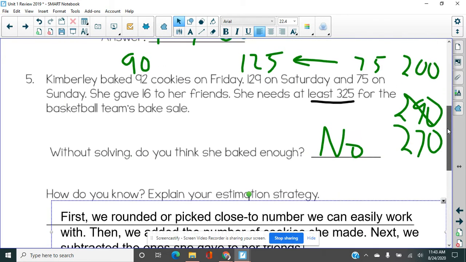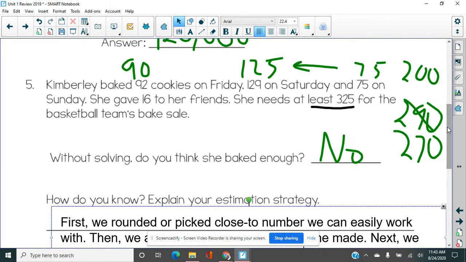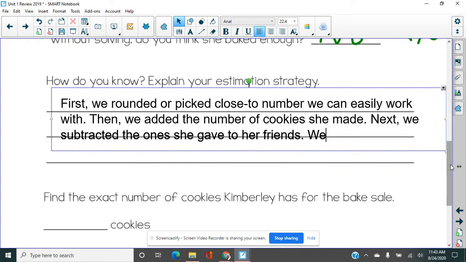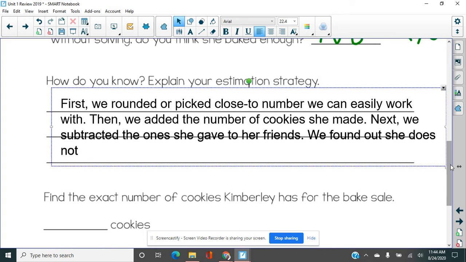And what did we find out at the end? We found out she does not have enough cookies. Right? So just like we talked about before, when we're explaining something in math, these transition words are critical. First, next, then, those are super, super important.